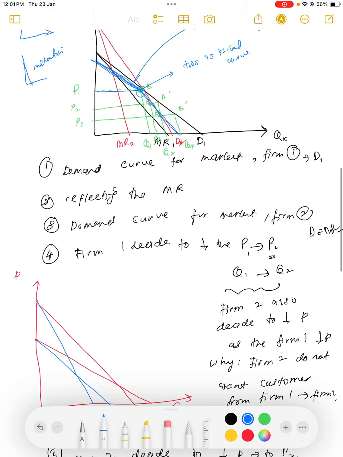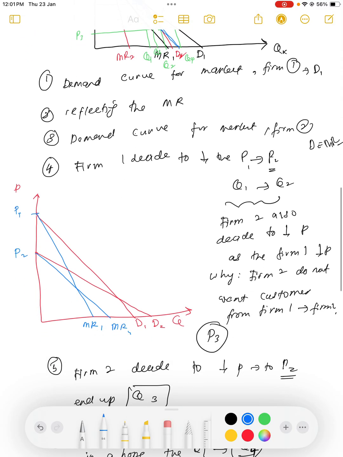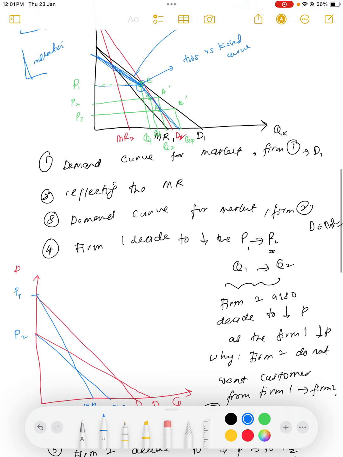So this is price 1, this is price 2. Now, the demand curve for the market for firm 1, D1, like I explained, reflects the MR. Half of the demand will reflect the marginal revenue.